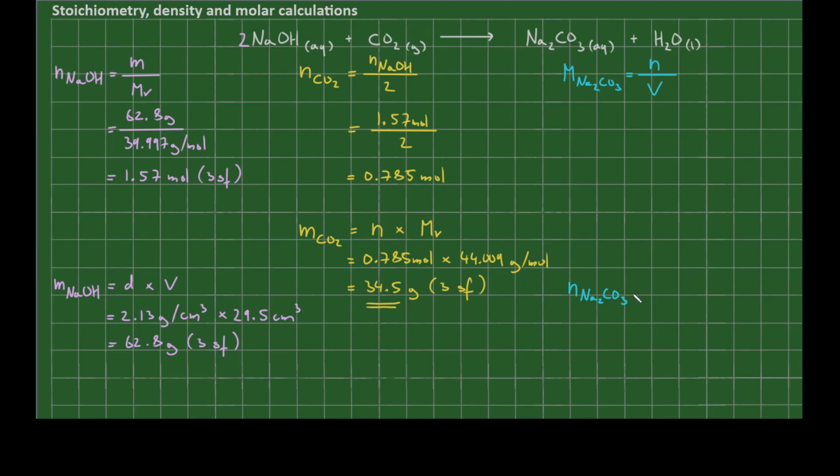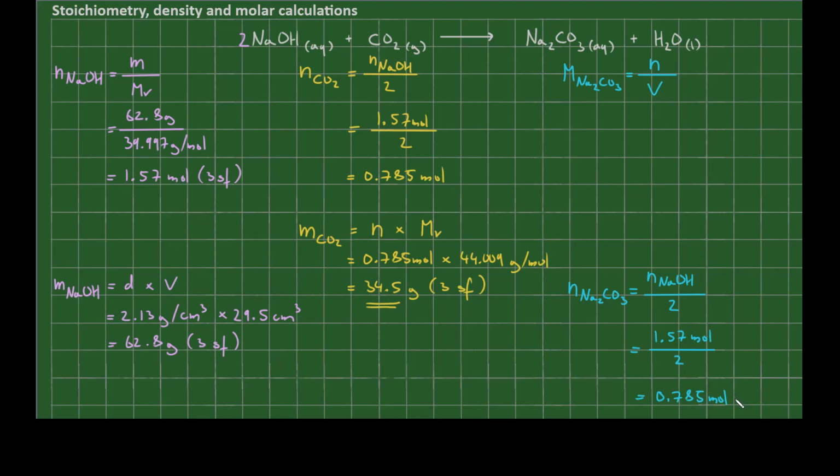In other words, the number of moles of sodium carbonate is equal to the number of moles of sodium hydroxide divided by 2. Previously, we have calculated that we have 1.57 moles of sodium hydroxide, and that will be divided by 2, which will give us 0.785 moles.